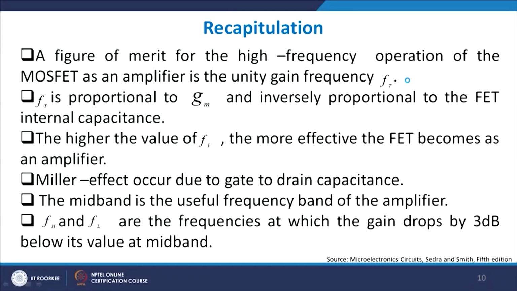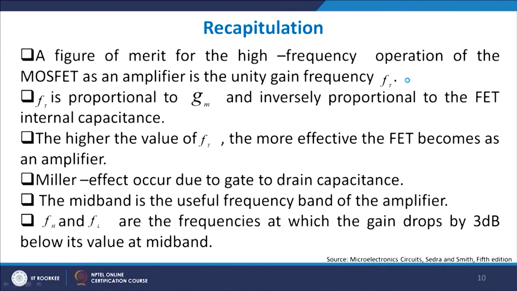Let me therefore recapitulate the whole discussion on this topic. The figure of merit for high frequency operation of a MOSFET as an amplifier is the unity gain frequency. How do you define unity gain frequency? Where the gain falls to 1, we define that to be the unity gain frequency.